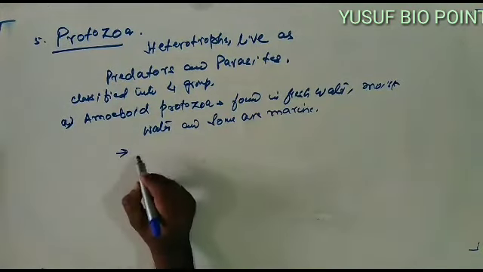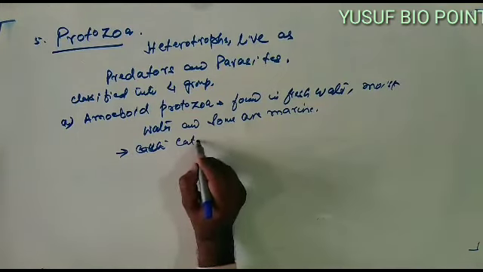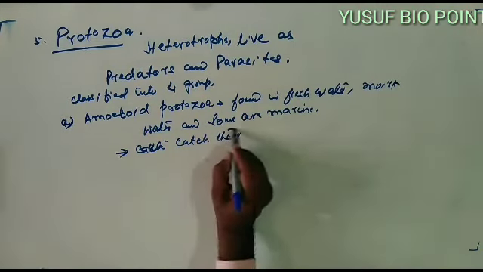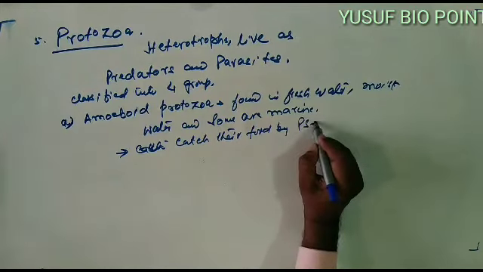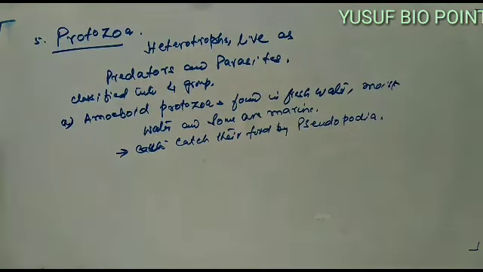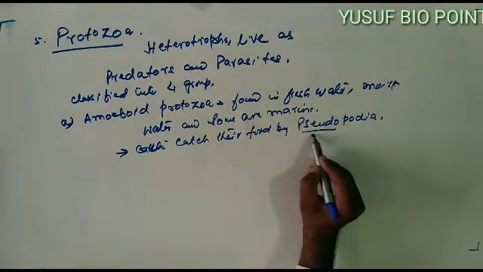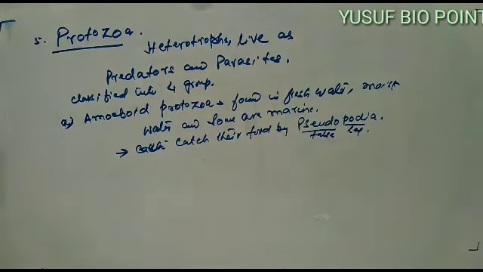They catch their food by pseudopodia, which are also the locomotory organs. Pseudo means false, pod means leg. It is a false leg, and that's why it is called amoeboid. The movement caused by pseudopodia is called amoeboid movement.